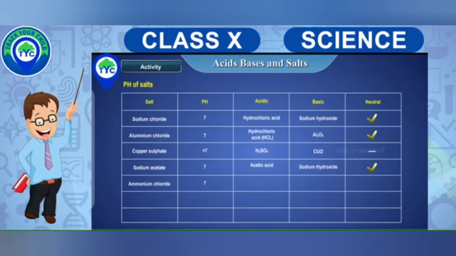Ammonium chloride: 7, HCl, ammonium hydroxide. Sodium hydrogen carbonate: greater than 7, ammonia plus CO2. Sodium carbonate: greater than 7, NaHCO3.